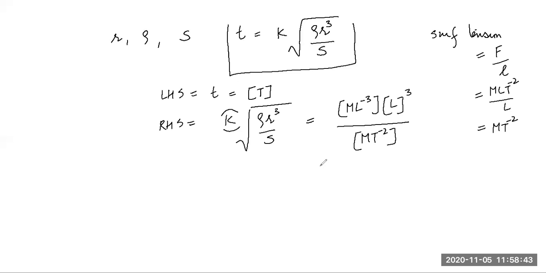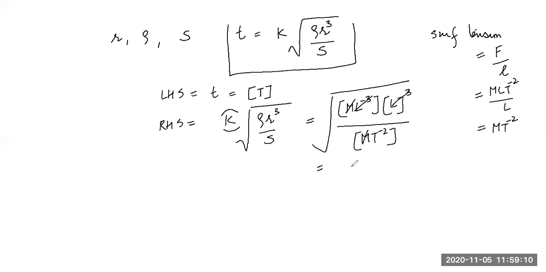Now you can see that L minus 3 and L cube will cancel out, right? Now M will cancel with M also. This is under root over this. So it will be T minus 2, okay?